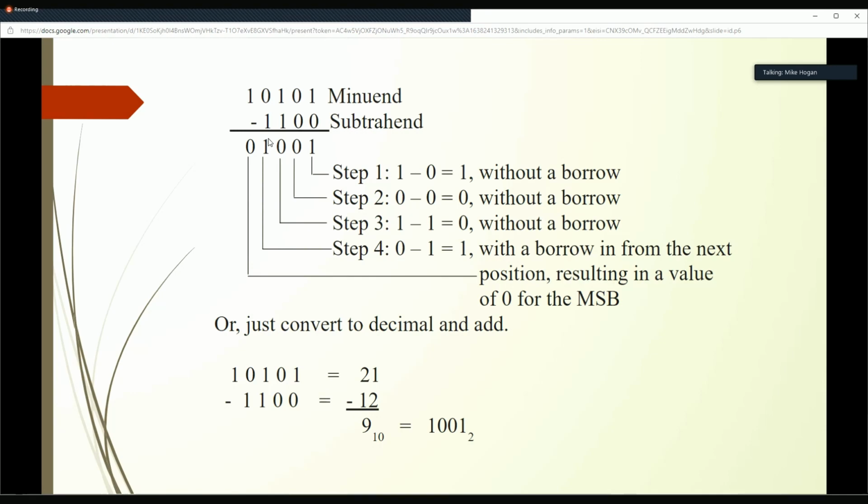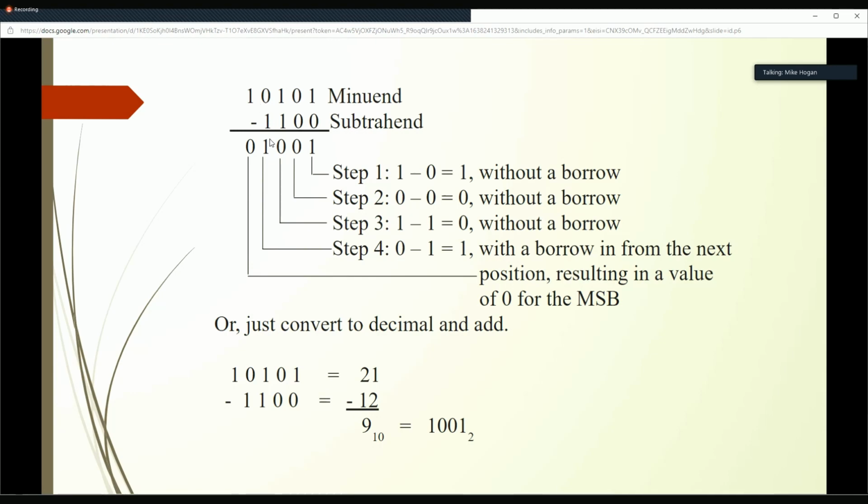Here, we've got a 0 minus a 1. And so we're going to get this 1 with a borrow from the next column. We're going to have to borrow this 1, but typically what it seemed like it would be, you would borrow it, and then that would be a 1 minus 1 is 0.